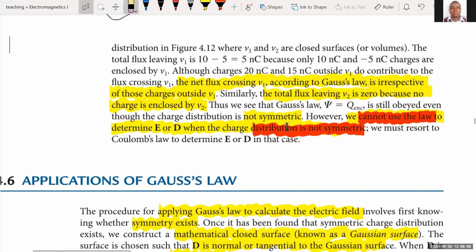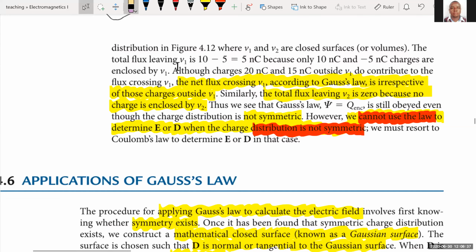We have said there are 3 types of symmetry: the rectangular symmetry that depends on either X, Y, or Z, or cylindrical symmetry that depends only on rho, or spherical symmetry that only depends on R. So that serves to introduce the Gauss law and its application.